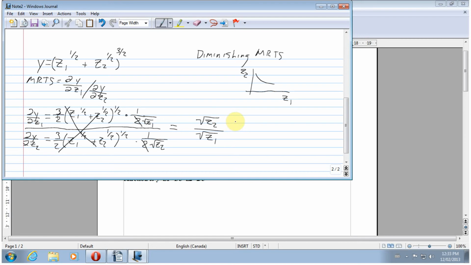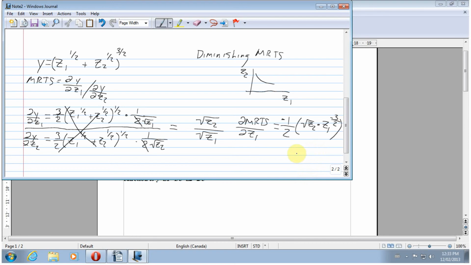All right, now I want to find out how the MRTS changes when z1 changes. Okay, so I'm going to take dMRTS/dz1. Okay, and since this is z1 to the negative 1 half, then that becomes negative 1 over 2 root z2 times z1 to the negative 3 halves.